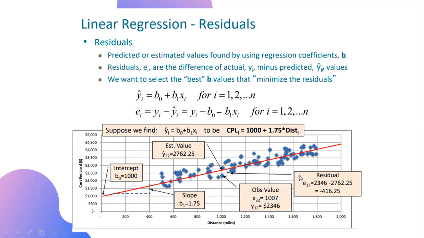But if it's traveling 1,600 miles, then the price would be a lot higher, maybe around $3,800 per load. So here you can see a trend, an increase. So as the distance increases, the cost per load increases.